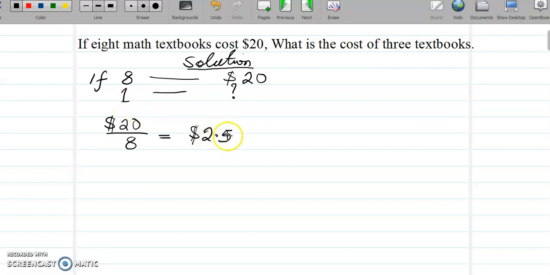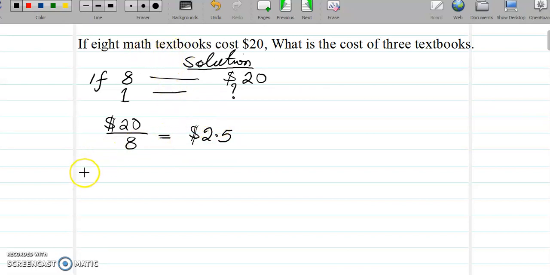So since 2.5 is the cost of 1 book, what is the cost of 3 books? Since we have obtained the cost of 1 book, we can use it to obtain any number of books, since they are the same textbook.